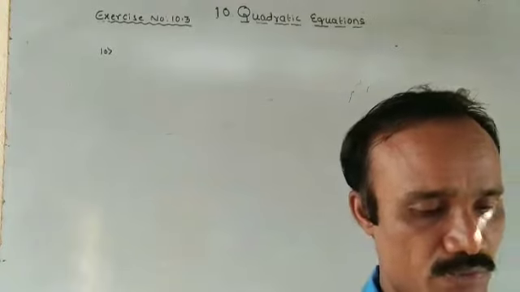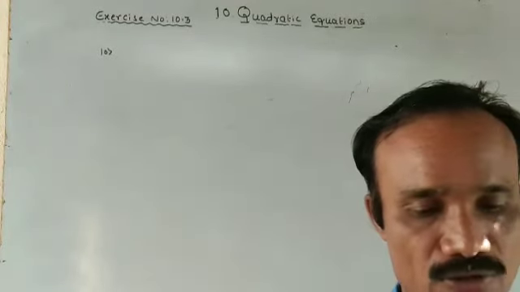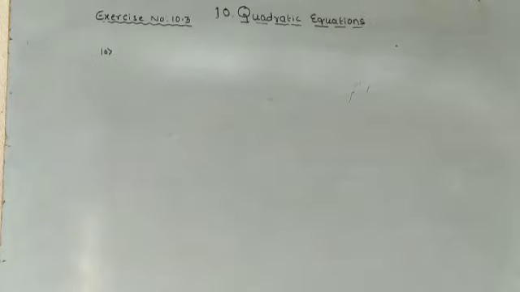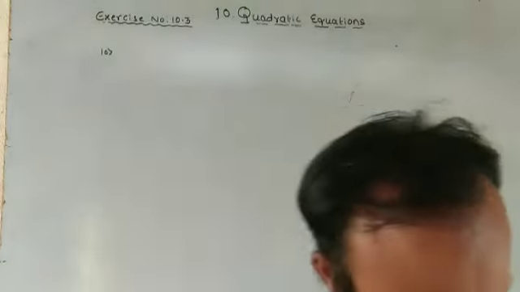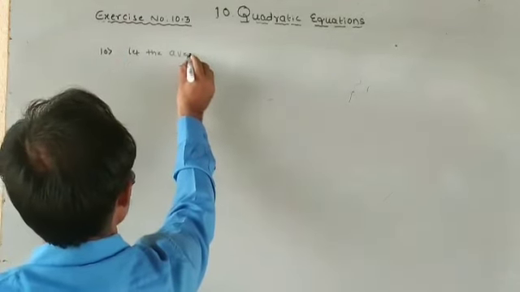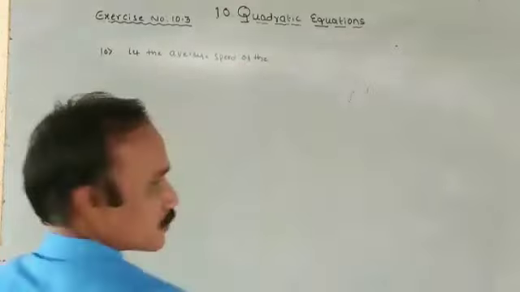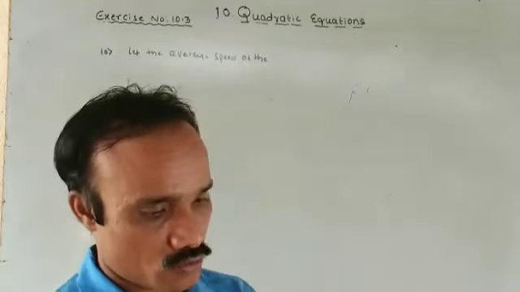Similarly here, the portion of the tank filled by the smaller tap in 1 hour, you compulsorily have to calculate for 1 hour, that is 1 divided by x plus 10.